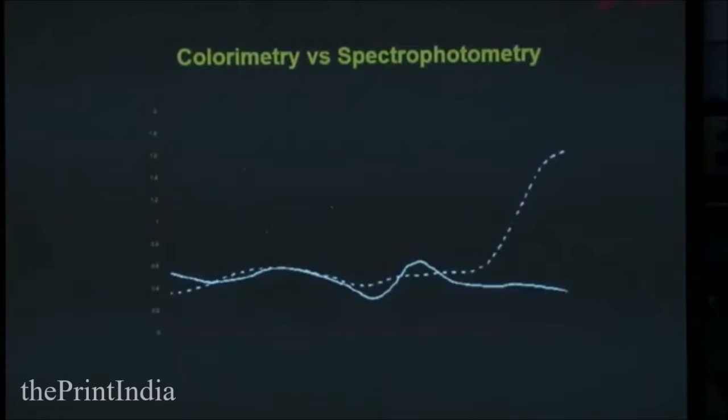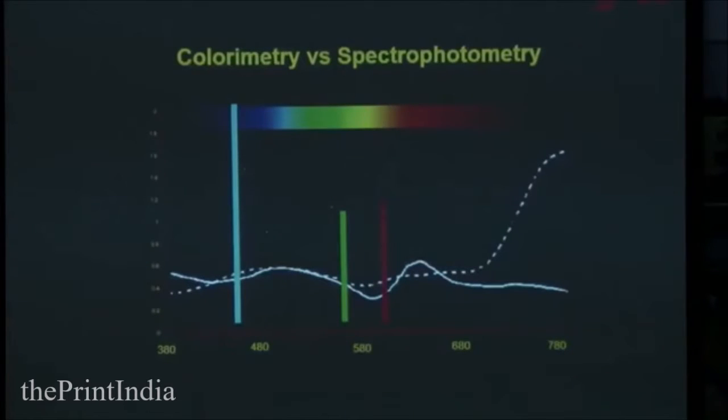Then the next thing coming up is spectrophotometry. A colorimeter measures at 3 points which coincide with the human eye sensitivity. But if you have two colors where the spectrum is like this, one is this, one is this. At these points they are very close, almost identical.